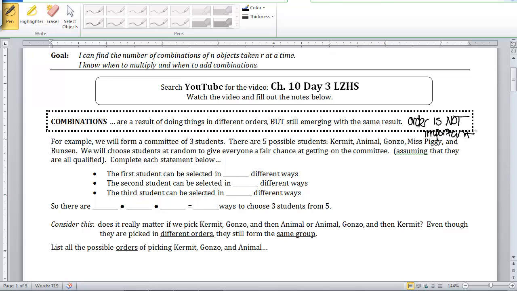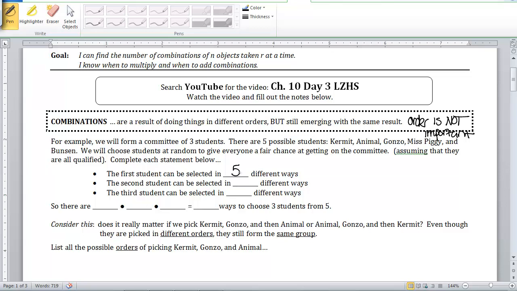And so let's look at an example where this is a combination. If you wanted to form a committee of 3 students, maybe you had 5 possible students: Kermit, Animal, Gonzo, Miss Piggy, and Bunsen. We'll choose students at random to give everybody a fair chance of getting on the committee, assuming that everybody is qualified. So the first student could be selected in 5 different ways.